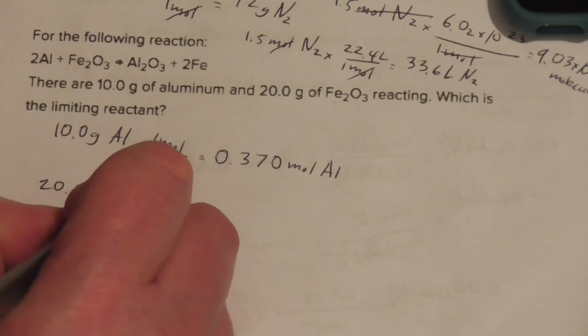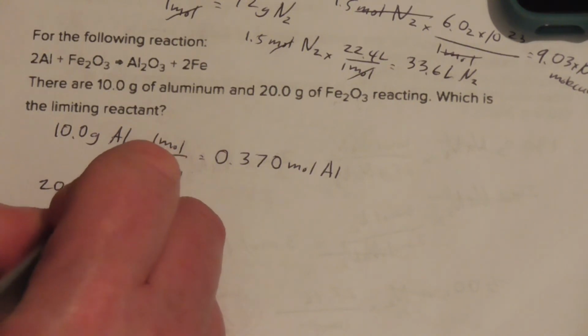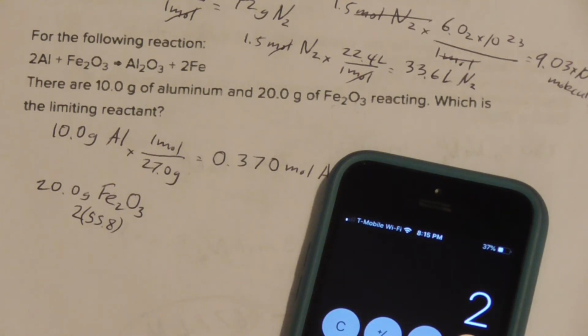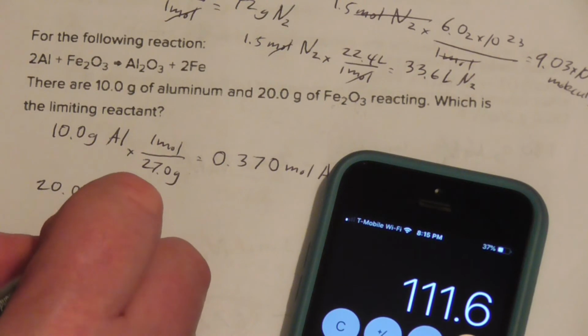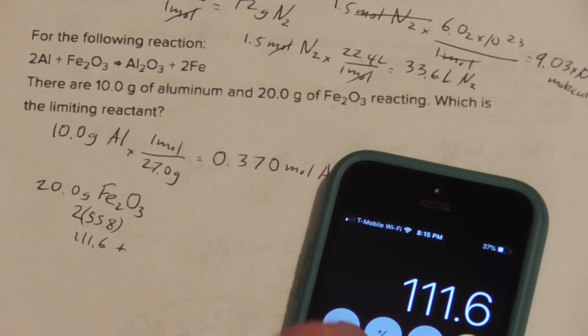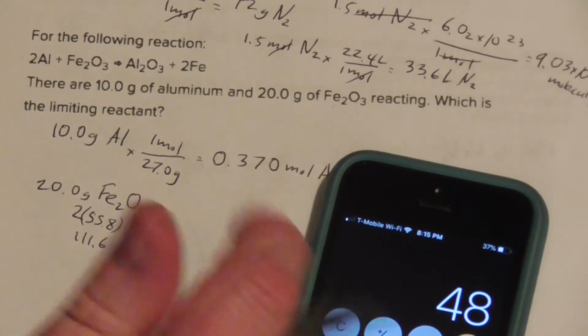Iron 3 oxide is a little bit harder. Iron is 55.8. I have 2 of them. So 2 times 55.8 is 111.6. I'm adding that to 3 times 16, which is 48.